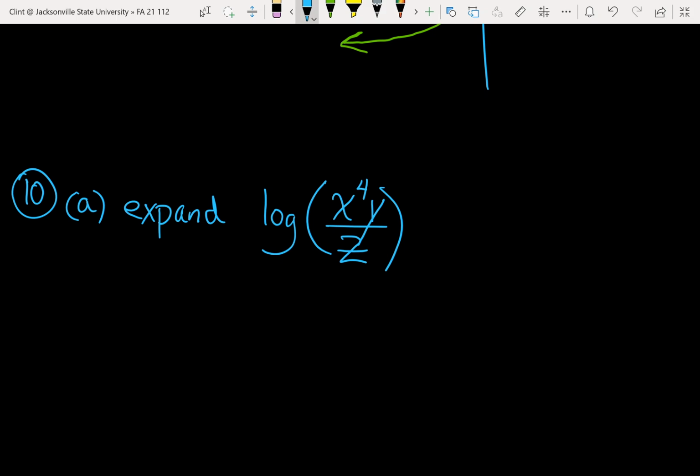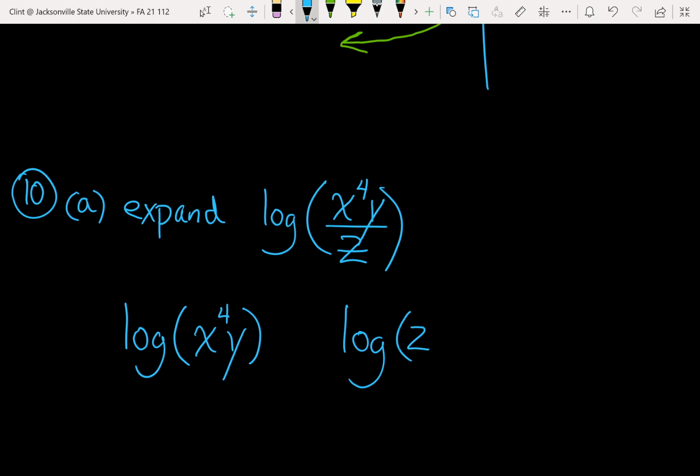The first thing I see is we've got division in there that I want to get rid of. So we could rewrite this as log of x to the fourth y, and then log of z. Since it was division, what's our sign between our two logs? Subtraction, minus sign.